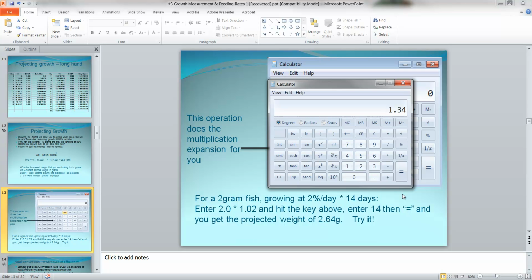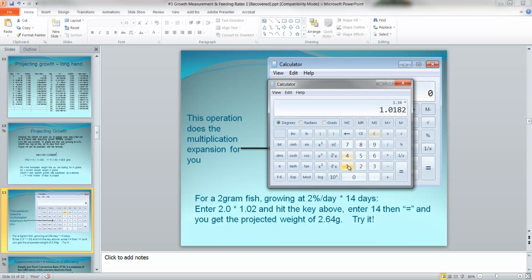So it's 1.82%. The decimal version of that, you move the decimal point over 2 places, is 0.0182. Okay, that's the multiplier. So each day, I want times 1.0182.